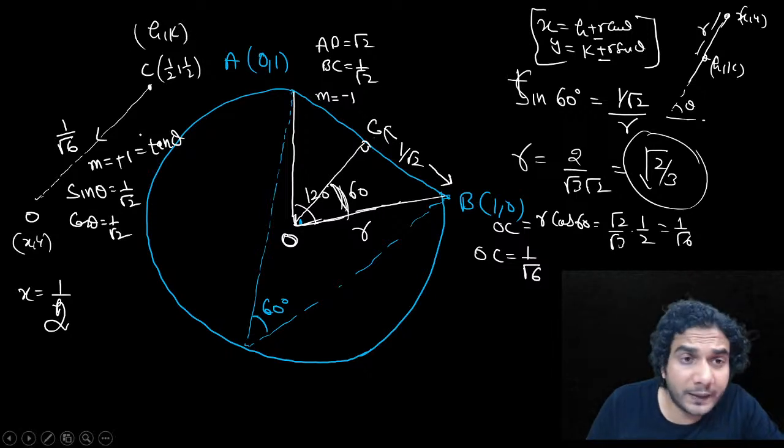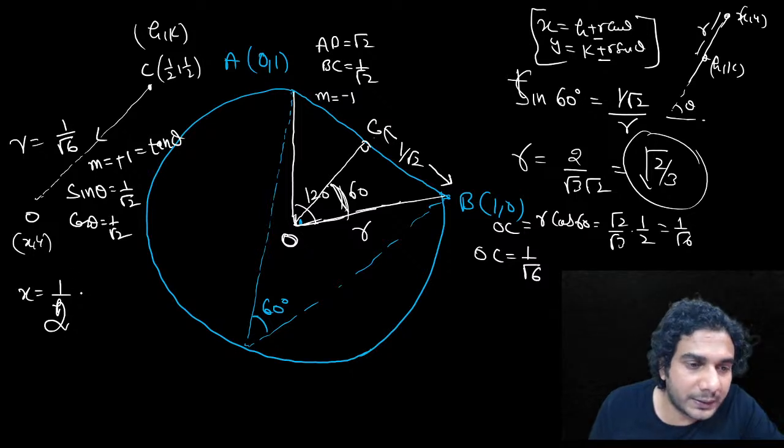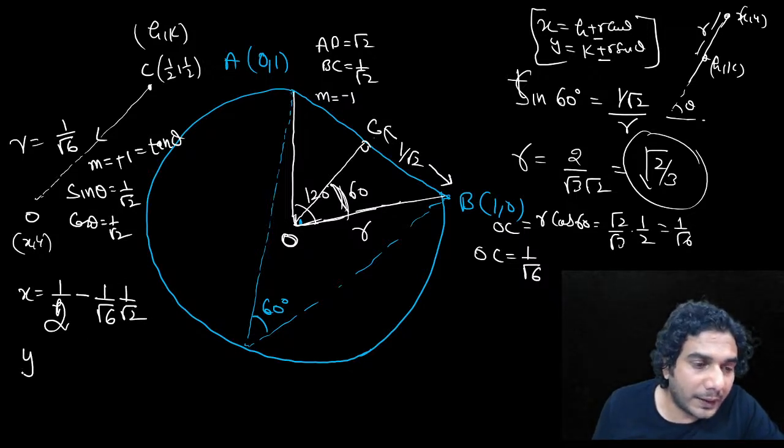We have got everything: h comma k, sin theta, cos theta, and r is 1 by root 6. So h minus r, which is 1 by root 6, cos theta is 1 by root 2, all right. And y is equal to k, which is 1 by 2, minus r sin theta. So it is 1 by root 6 into 1 by root 2.